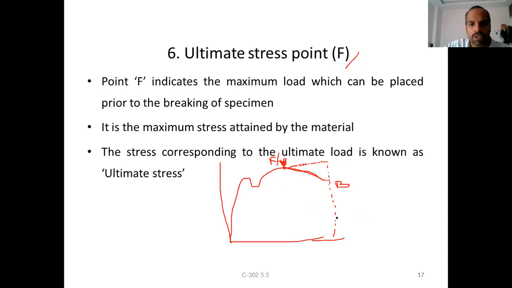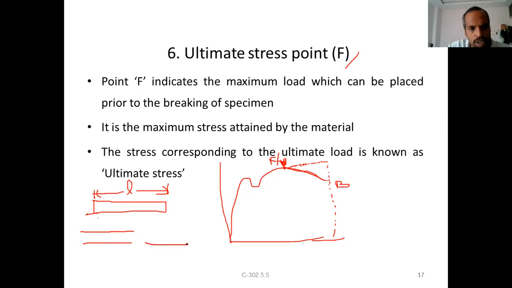Initially the specimen has a gauge length, let us say the initial length is L. Because we are continuously applying load, at a certain point, around the middle portion or wherever the weak portion is among the entire length, the length increases because of the change in dimension.